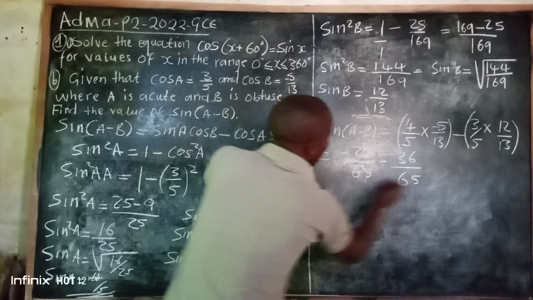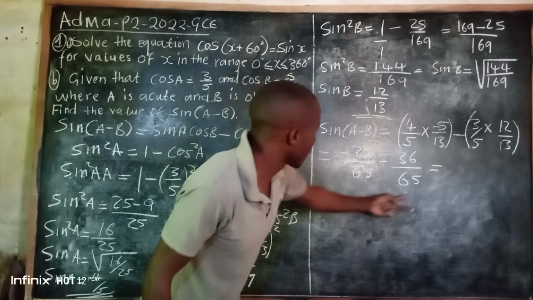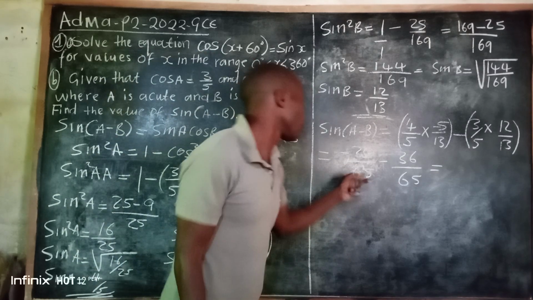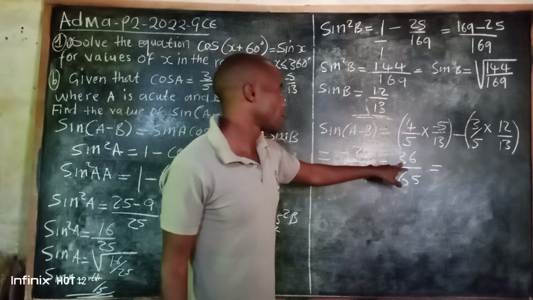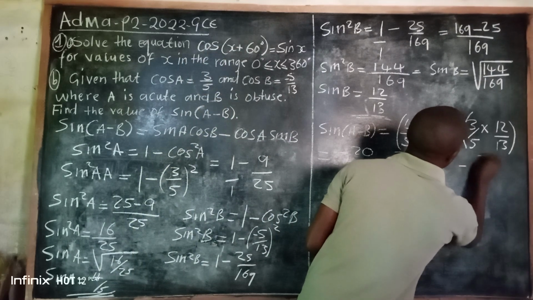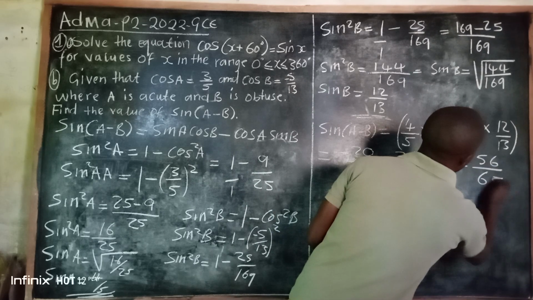Okay? So let us simplify. The common denominator is just the same, so we just add there and we pick 65. So negative 20 minus 36 is negative 56, over 65.